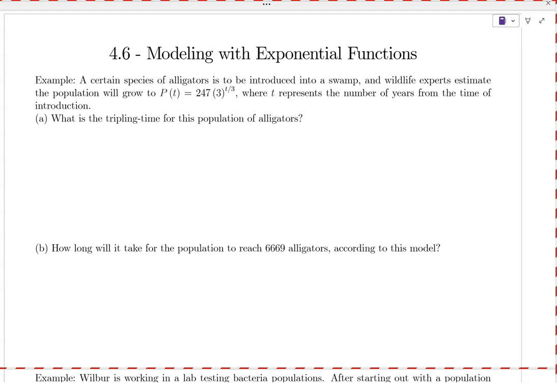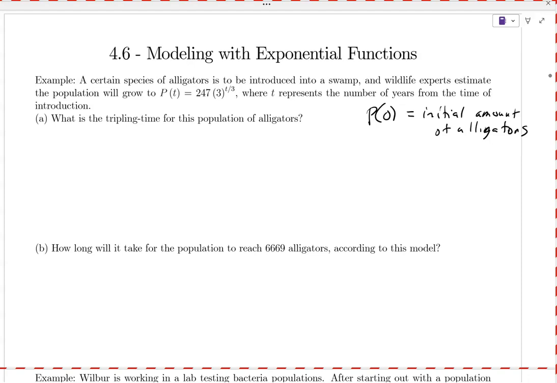So in this case, if you calculate P of 0, this is the initial amount of alligators. In this context, it's alligators, but in any exponential growth or decay problem, if it asks for the initial amount, it's the amount at time 0. That's just a general rule.